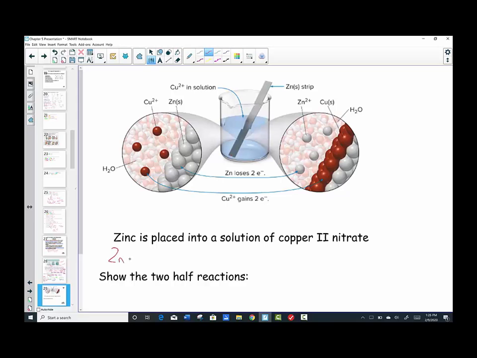Elemental zinc starts as a solid. It's placed into a solution of copper 2 nitrate. Now, I'm going to let you know that the nitrate is a spectator ion. When it appears unchanged on the left and the right, we're allowed to just leave it out of our equation.